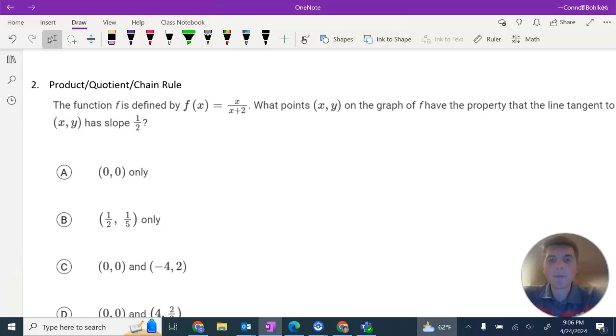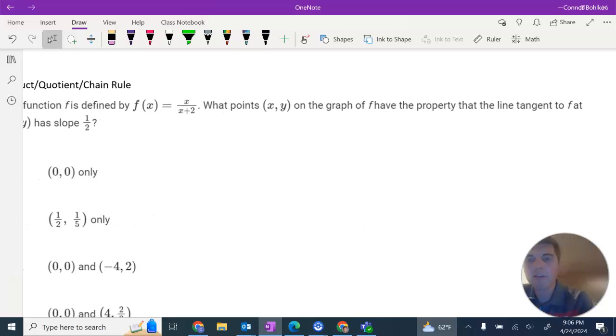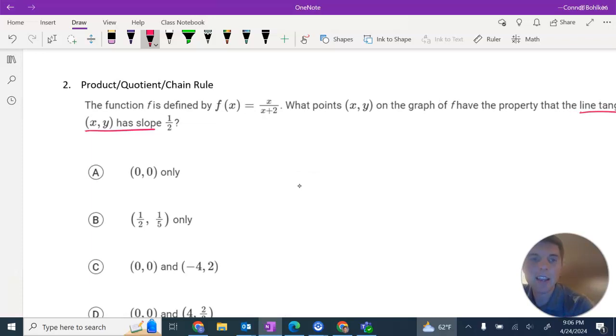It gives us a function, and it says, what points on the graph have the property that the line tangent to f at the point has a slope of 1/2? So again, anytime we think slope, we're thinking derivative. And so essentially we're looking for our points where the derivative is equal to 1/2.